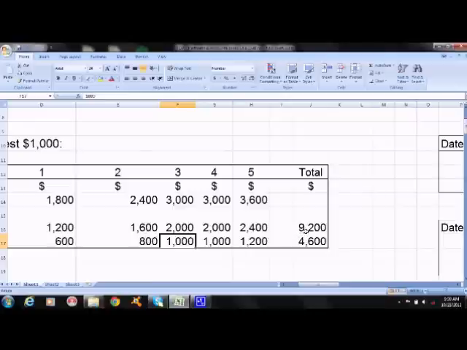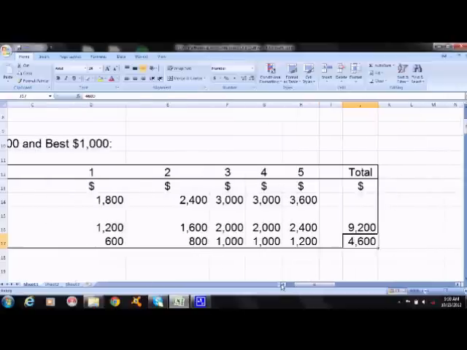Now, it can be seen that in total, Allen would receive 9,200 and B would receive 4,600. Therefore, Allen would receive 4,600 more than B, right?